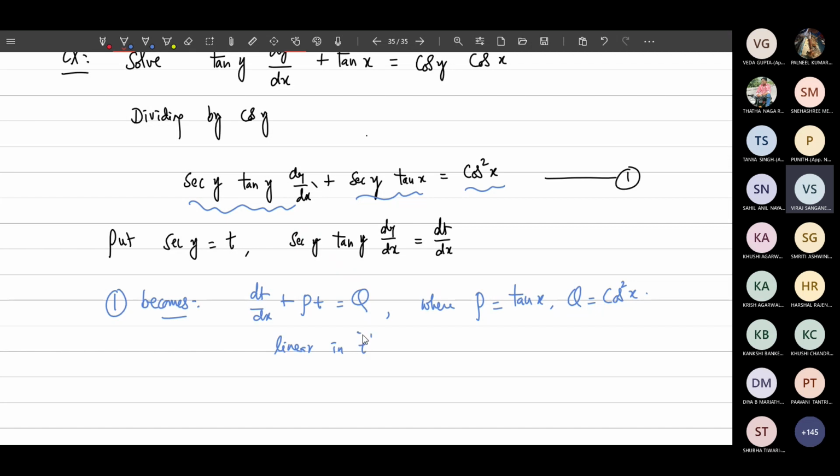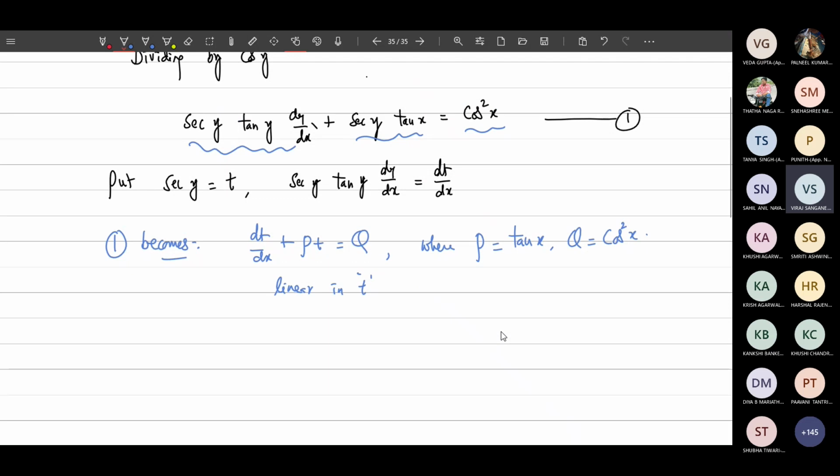So what is precisely here is dt by dx plus p is tan x, t equal to q is cos square x.